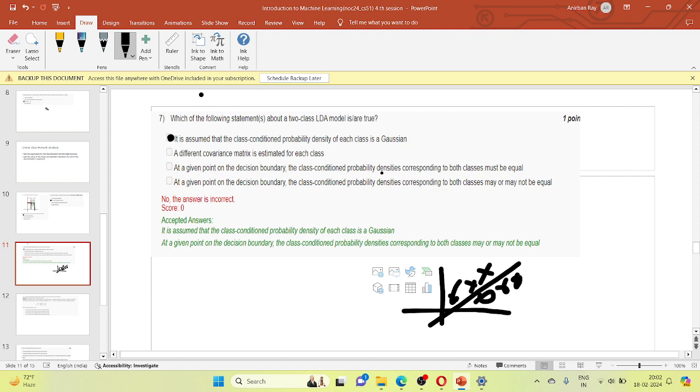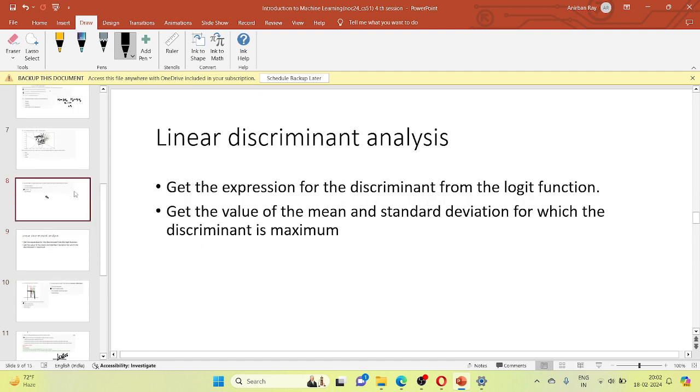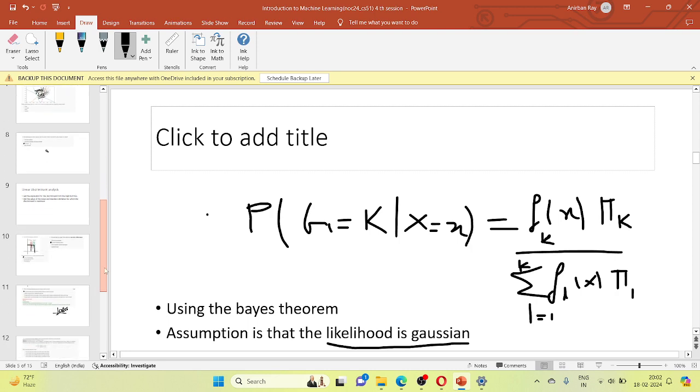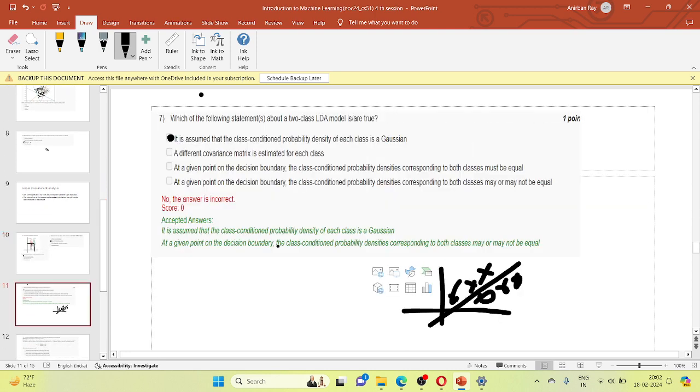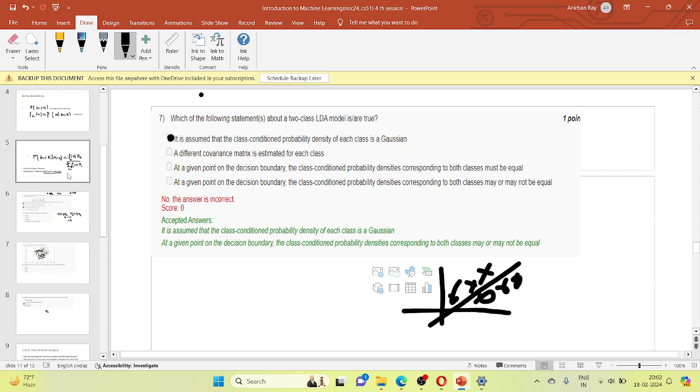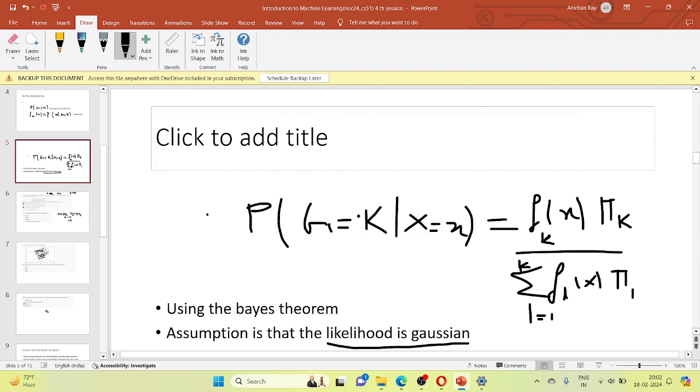Let me show you. The decision boundary is the log of the ratio of these two probabilities, and it is set to 0.